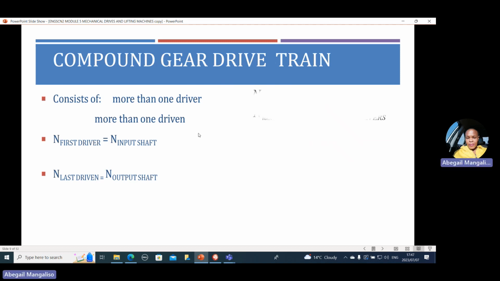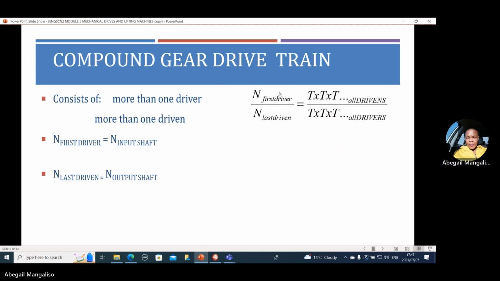Now, the formula for a compound gear drive. Velocity ratio, even if it's a compound, is still the input, which is the effort. This is velocity ratio, N of the driver divided by the output, which will be the last one, the last driven.